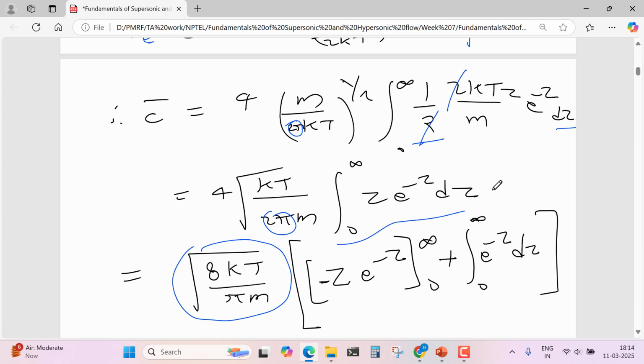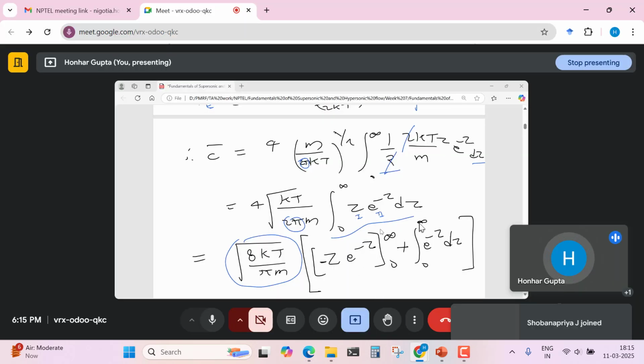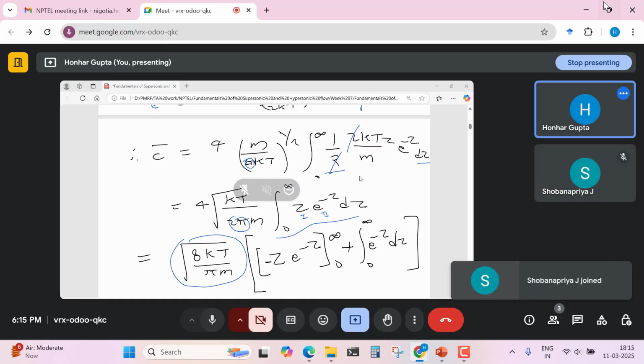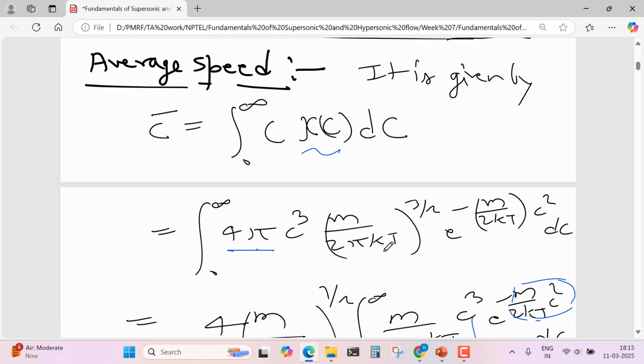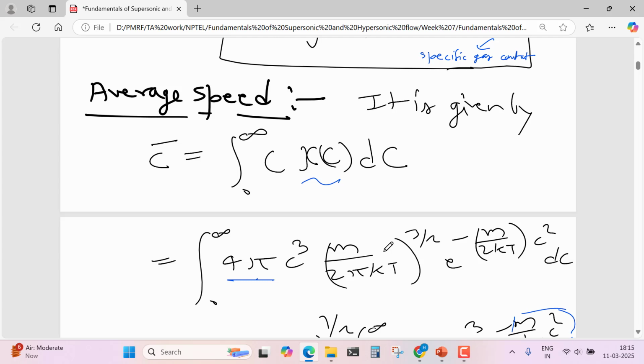Now we will use integration by parts. This is the first function, this is the second function. If someone joined, what I was doing was deriving the average speed of particles using the Maxwell distribution.